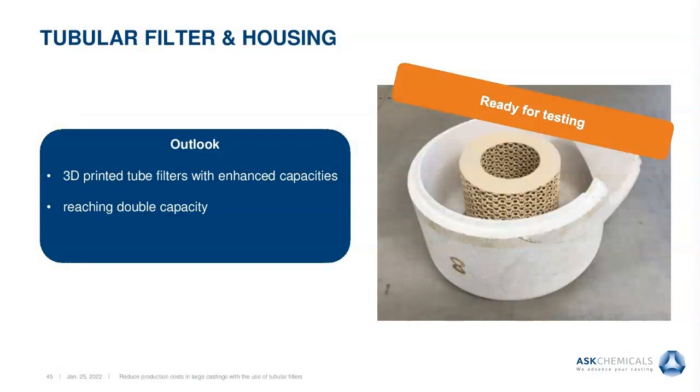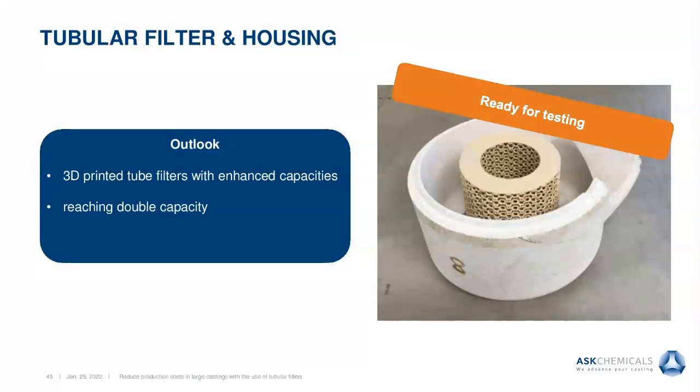Not to forget, let me come to this picture, which is probably also very interesting. It is a short look into the future of tube filters. We currently run some trials with 3D printed tube filters. You see here one placed in a housing for iron and steel applications.